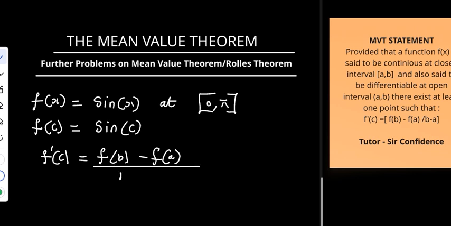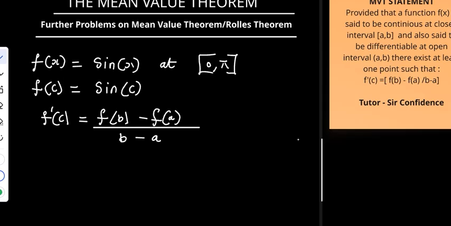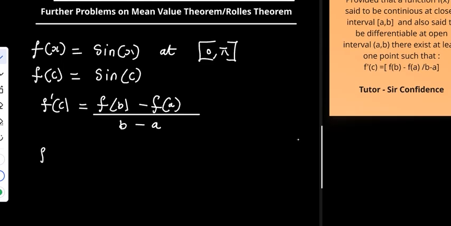This is the formula. You need to keep this formula with you. So what is f prime of c? f prime of c is the first derivative of sine c, and that is going to be cos c.